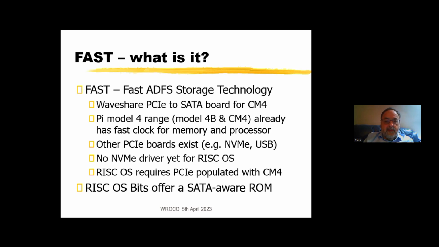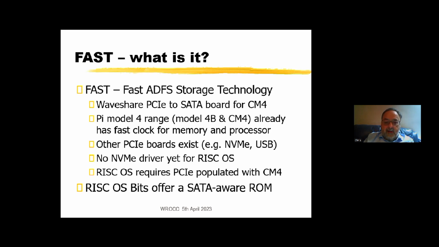Now, the Model 4 range, that's all of the Pi 4B and the Compute Module 4, already has a fast clock for memory and processor, so the only place it falls down for RISC OS is storage speed. So this addresses that. There are other boards, as I've mentioned, but we don't have an NVMe driver yet, although people are talking about one being written.